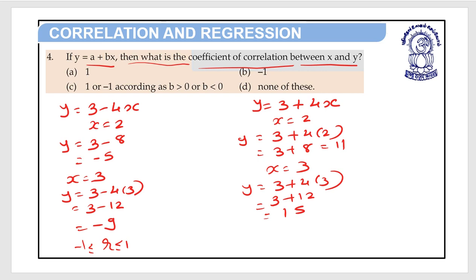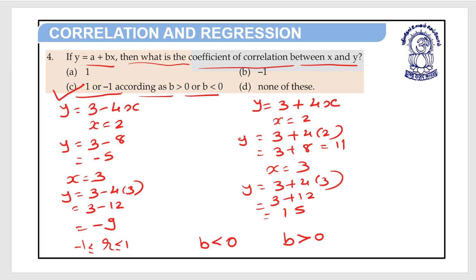So here b less than 0 or b greater than 0. So 1 or minus 1, option C, 1 or minus 1 according as b greater than 0 or b less than 0. Option C is the right answer.